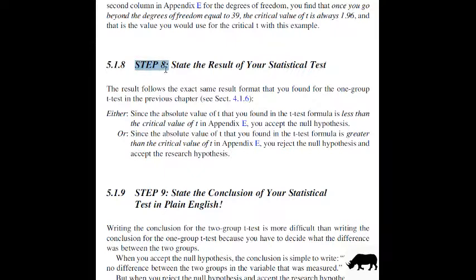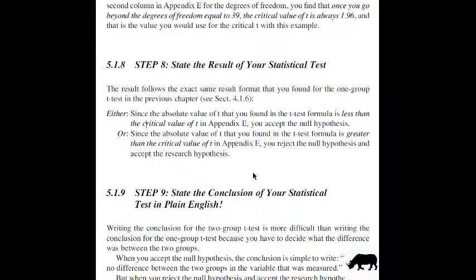Step 8. State the result of your statistical test. The result follows the exact same format that you found for the one-group t-test in the previous chapter. Either, since the absolute value of t that you found in the t-test formula is less than the critical value of t in Appendix E, you accept the null hypothesis.